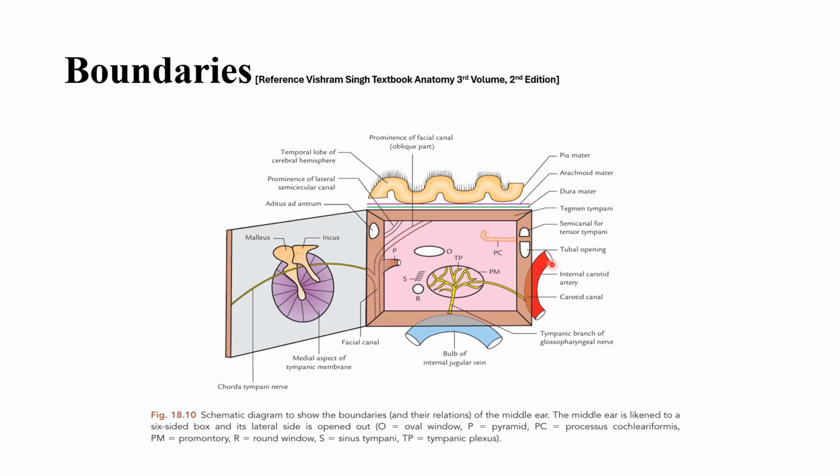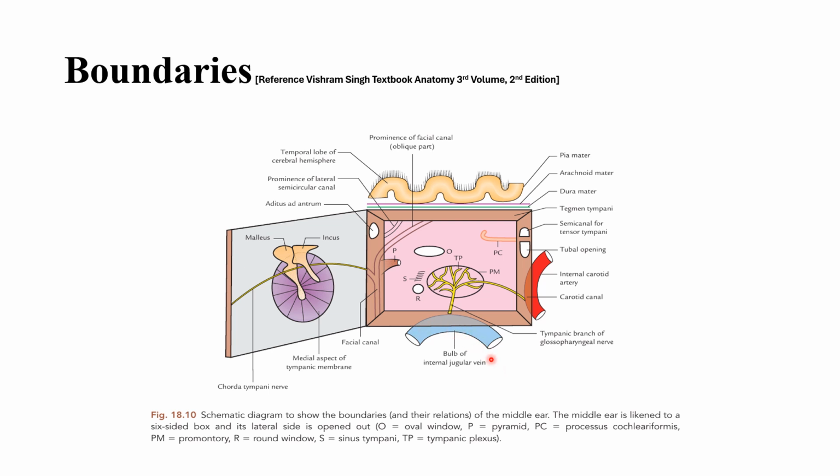Now outside this medial wall, there is a red colored internal carotid artery, which is present inside the carotid canal. Along with it is present the plexus of nerves around this internal carotid artery. You see here this blue structure. This blue structure is the bulb of internal jugular vein.